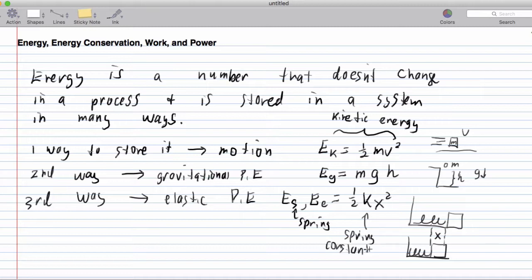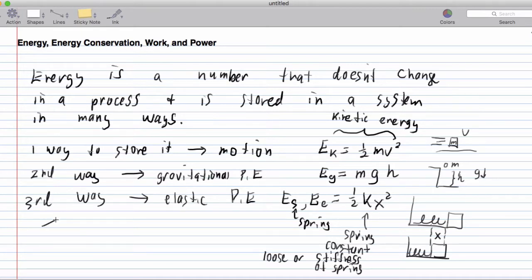That's how loose or stiff the spring is, and it basically tells you how easy it is to stretch or compress the spring. X is how much you stretch or compress the spring. And what we're basically saying is this energy is stored in the spring by stretching it or compressing it.